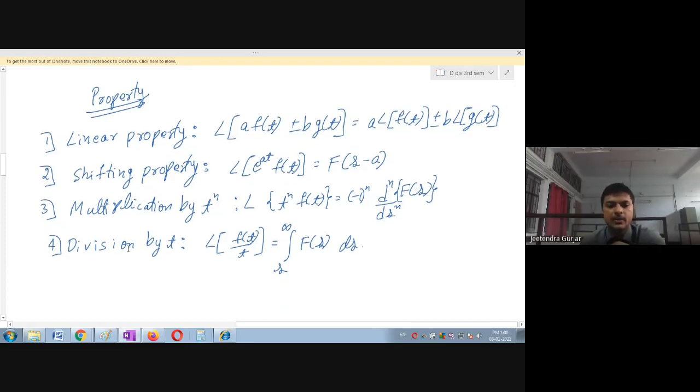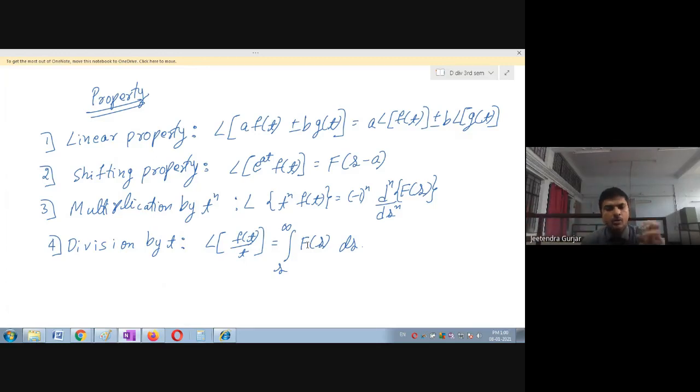Okay, next we have division by t. You can see here Laplace transform of f(t) divided by t is equal to the integral from s to infinity of capital F(s) ds. So these are functions which have already been transformed with the help of Laplace transform using the parameter s.